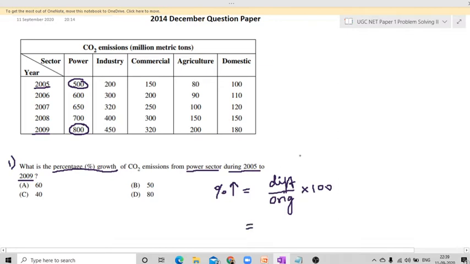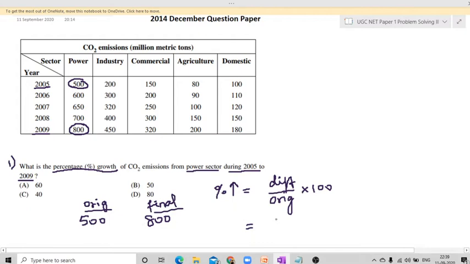For the year 2005, the value is 500, and for the year 2009, it is 800. So our original value is 500 and our final value is 800. From 500 to 800, what is the percentage increase?